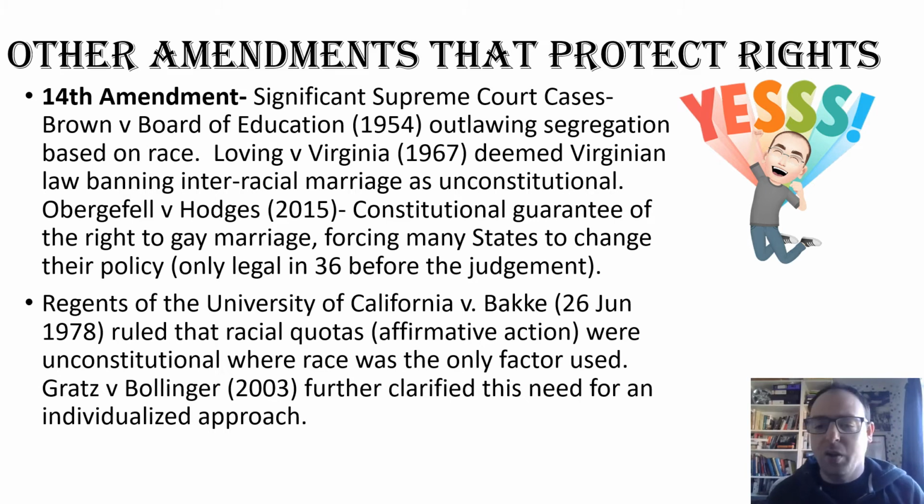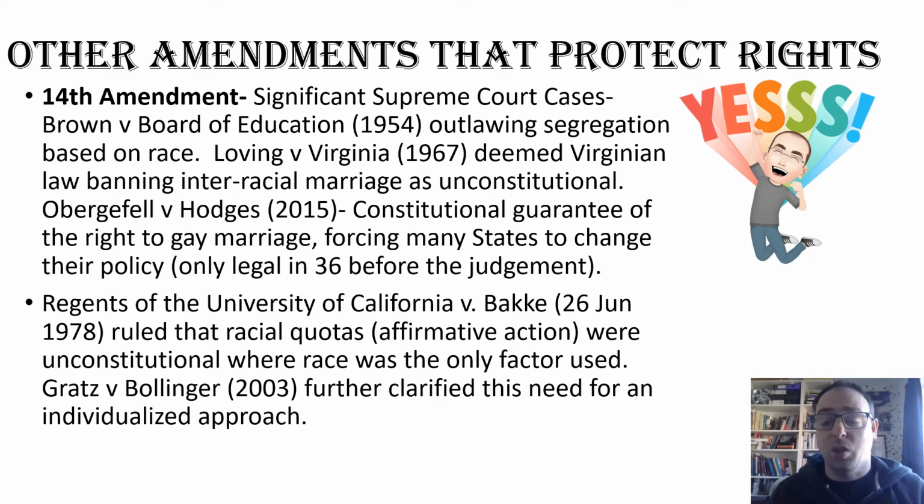Right, and then the whole bit with racial discrimination has become more complex as time has gone on. So initially, what the 14th Amendment did was to protect the rights of minorities from overt discrimination. Now, some of the more recent cases are to do with what is known as affirmative action.